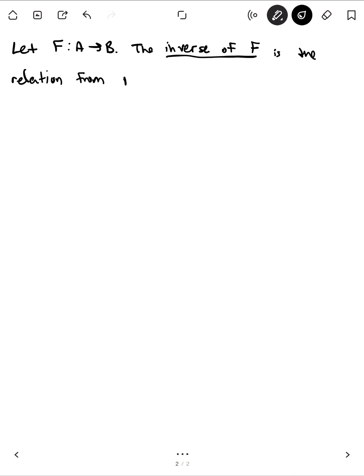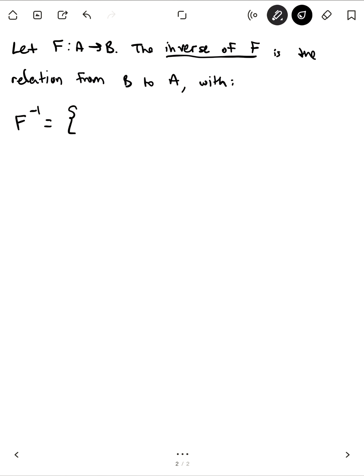So let f be a function from A to B. The inverse of f is the relation from B to A. We denote the inverse of f with f and this little inverse sign.